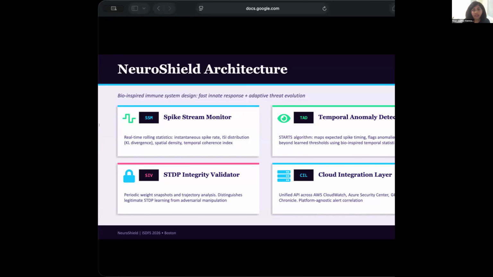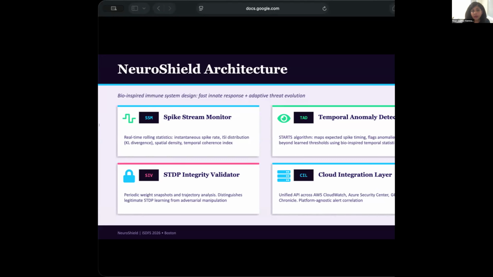It computes real-time rolling statistics on four metrics: instantaneous spike rate, inter-spike interval distribution measured via KL divergence from a learned baseline, and a spatial density mapping across the neurons. And the STDP integrity validator, which is SIV, is our adaptive immune component.